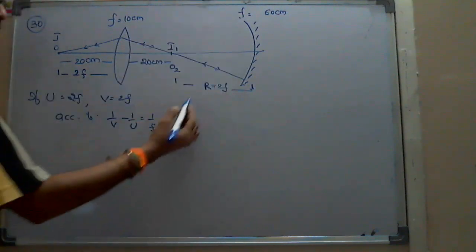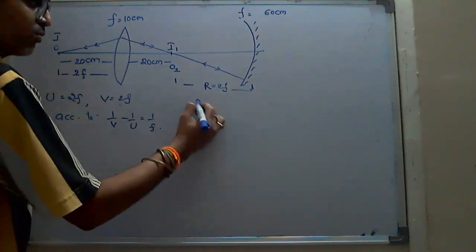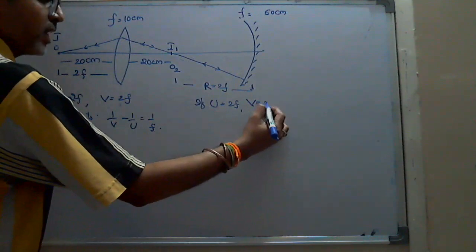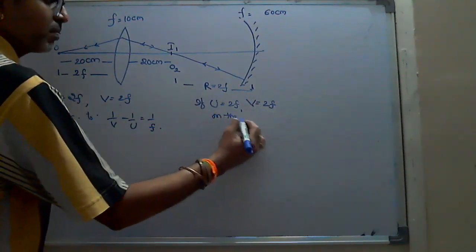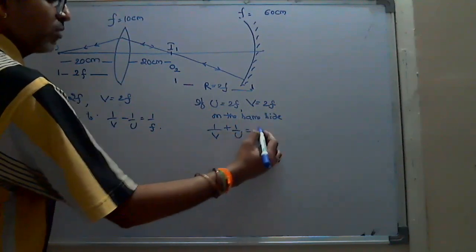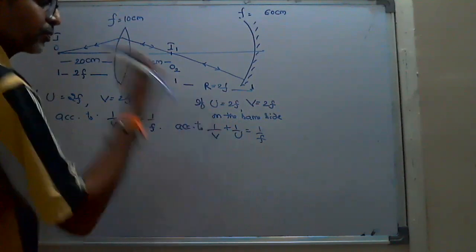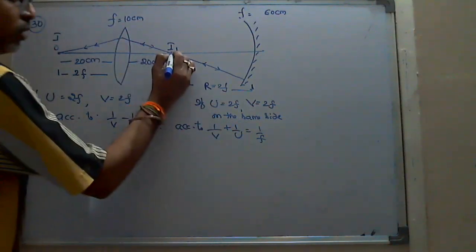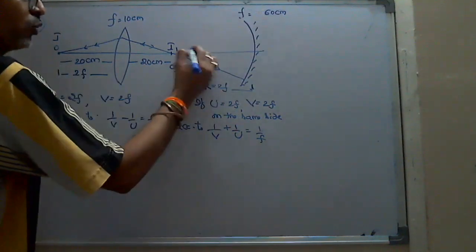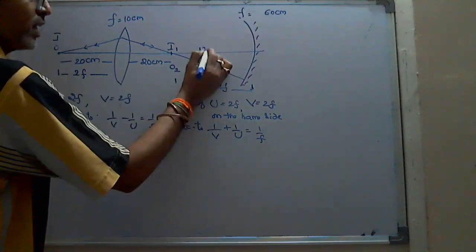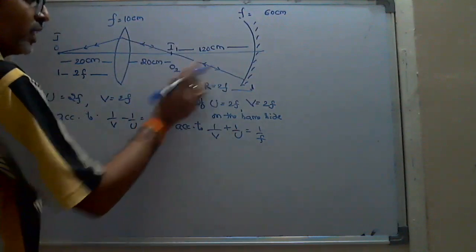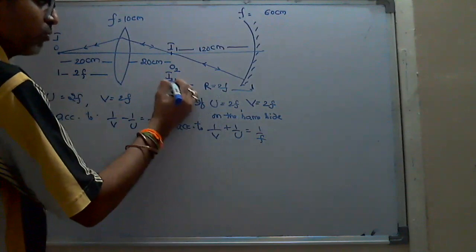If the object is at a distance of 2f for the concave mirror, then the image will be formed at a distance of 2f on the same side, according to the formula 1 by v plus 1 by u is equal to 1 by f. So 2f of the mirror means 2 into 60, this will be 120 centimeters. Then the image I2 will be formed at the same point.